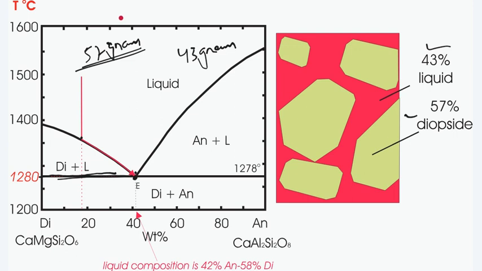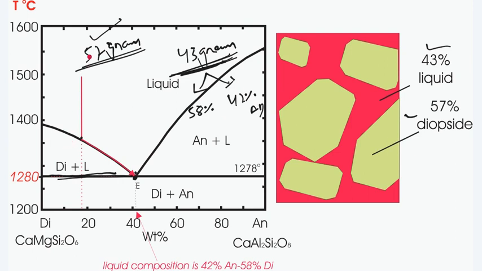That is only dioxide, and 43 gram of liquid is still left. So that 43 gram of liquid has 58% of dioxide and 42% of anorthite.